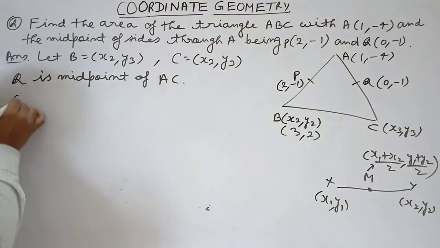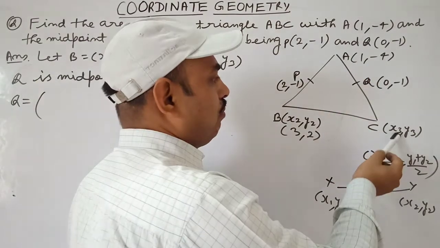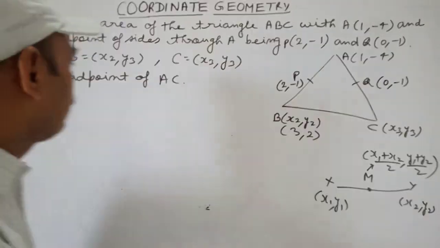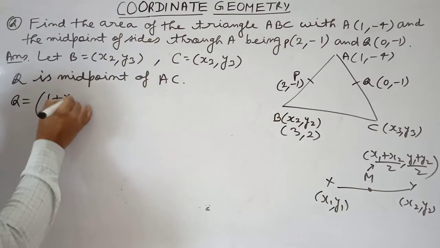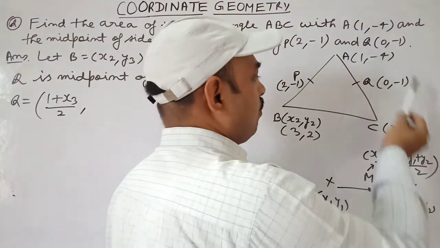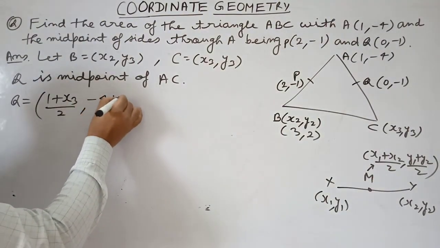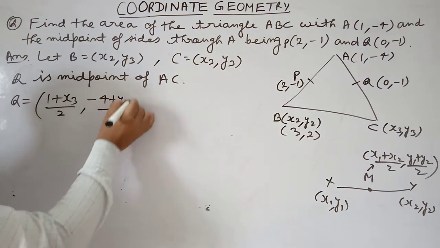So the coordinates of Q are given by ((1 plus x3) upon 2, (-4 plus y3) upon 2).